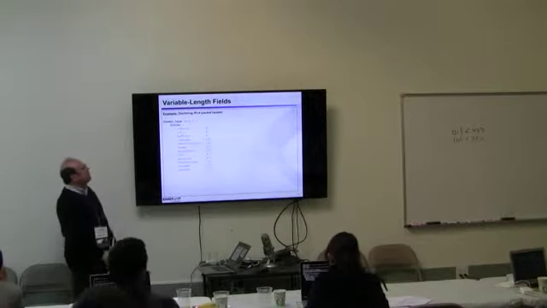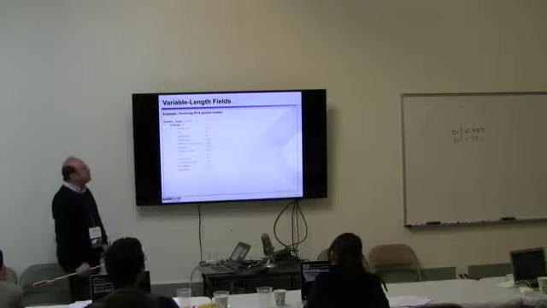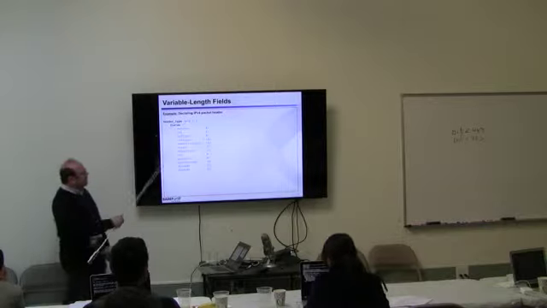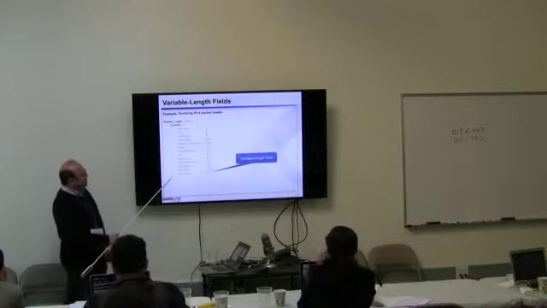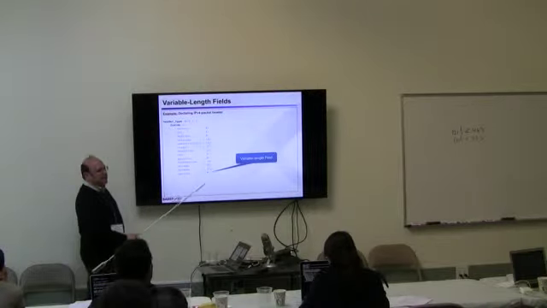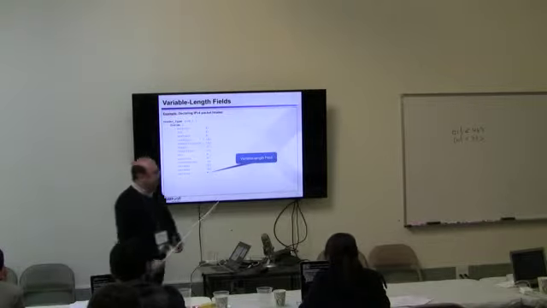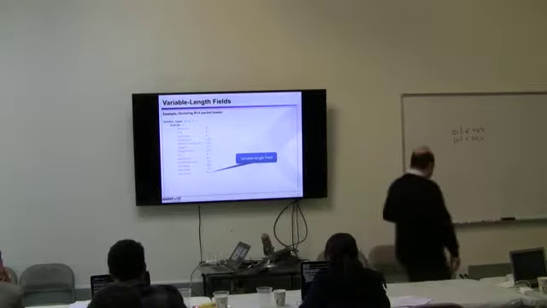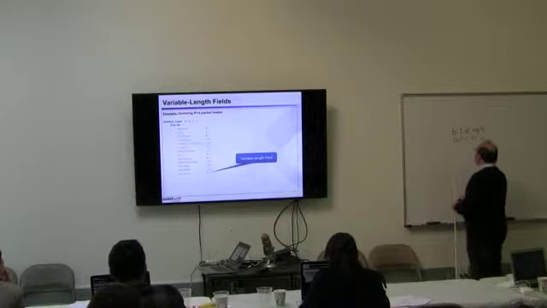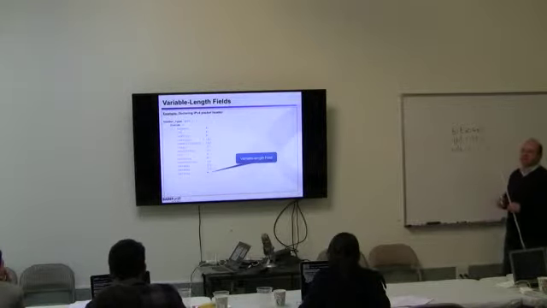So, here's the header type for a regular IPv4 packet. So all the standard fields, and here we have the last field, which says options, and it has the length of star. In the latest spec, you will see that there's a new type called varbit, and it specifies the maximum size here.